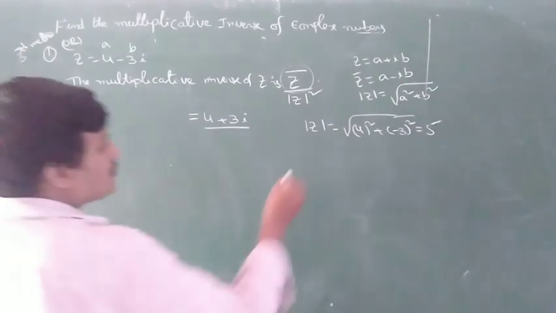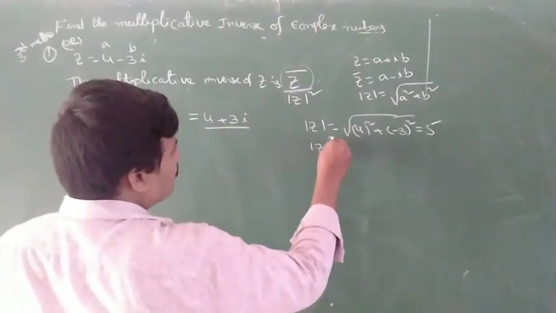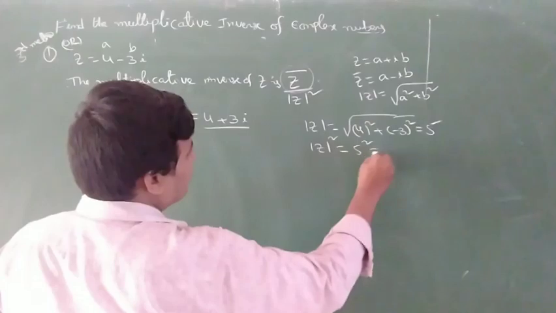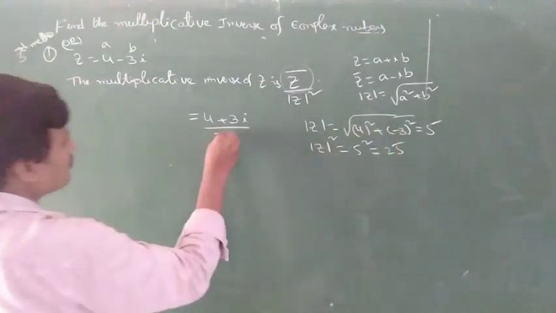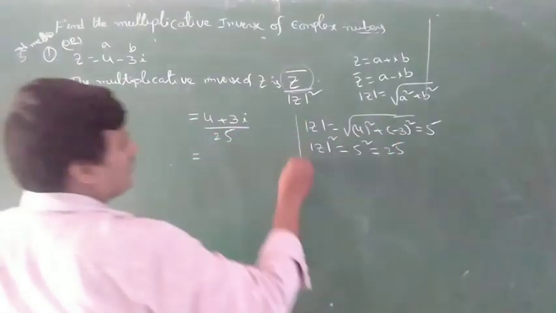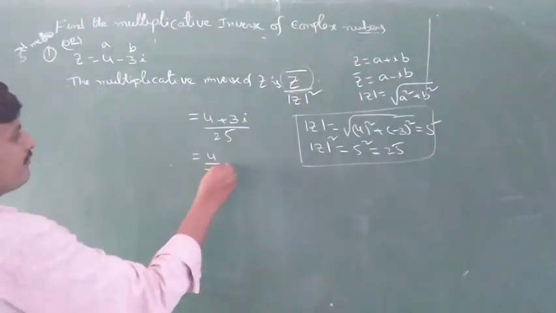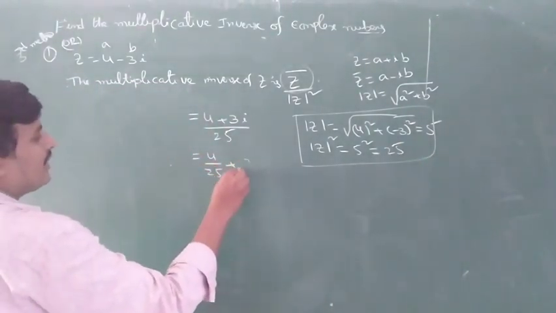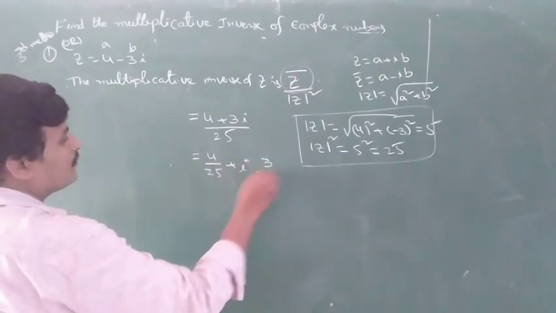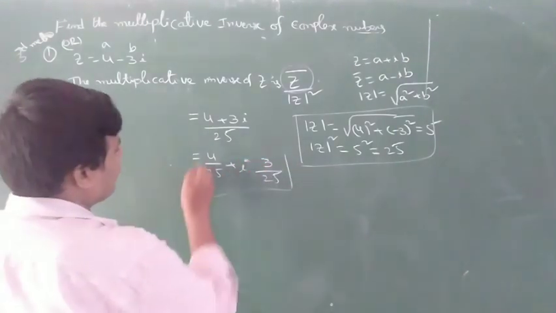So mod Z whole square is 5 square, equal to 25. All are calculated. So 4 by 25 plus i into 3 by 25.